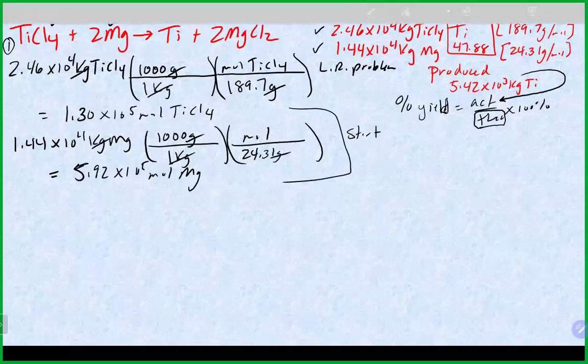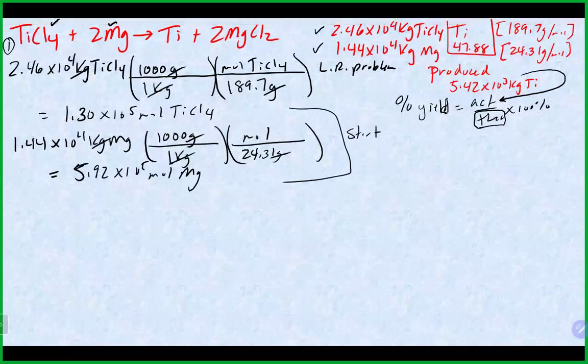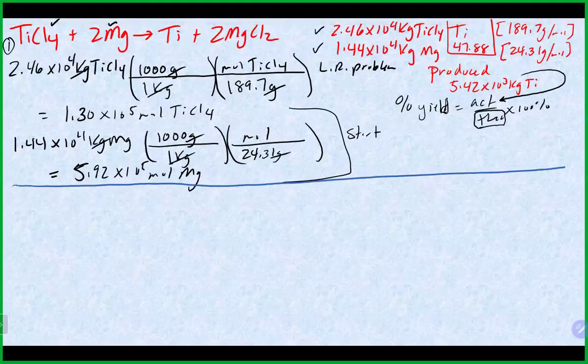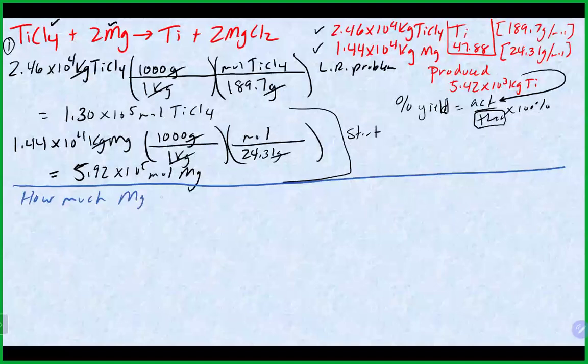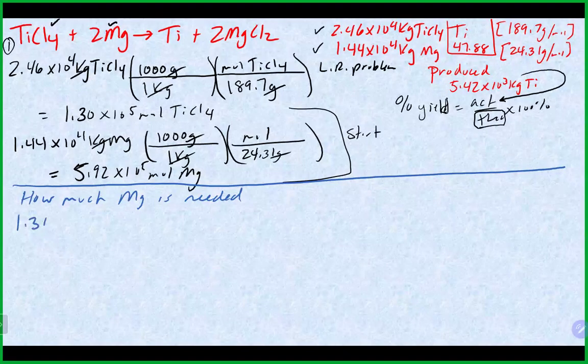Because it is a limiting reagent problem, we have to do our normal little calculation here to figure out our limiting reagent. So in this case, I'm going to figure out how much magnesium is needed. So in this case, I'm going to take my TiCl4, our 1.3 times 10 to the fifth moles of it.